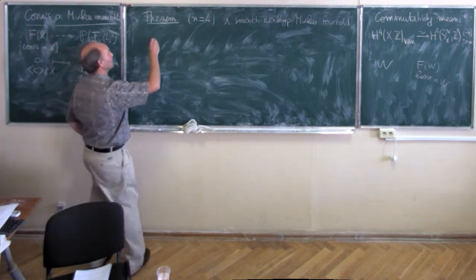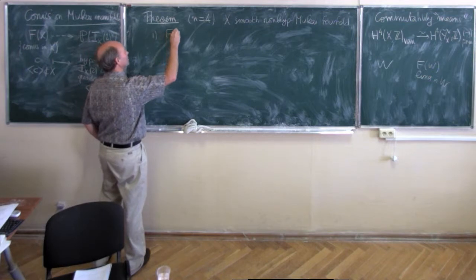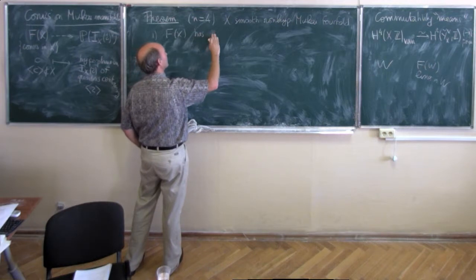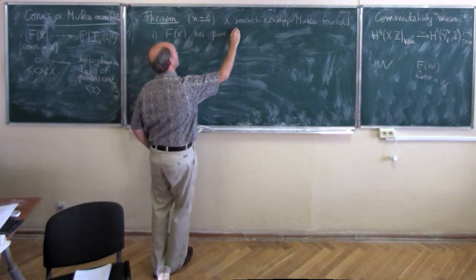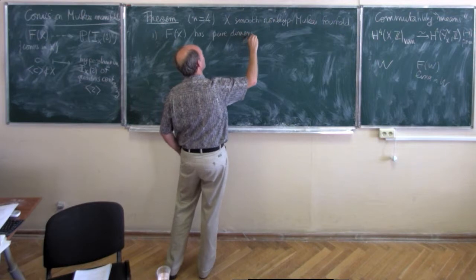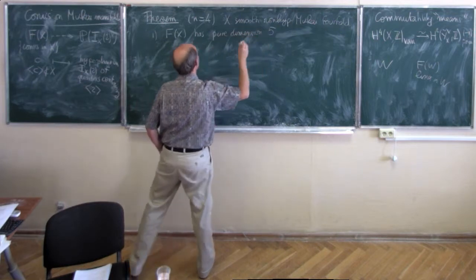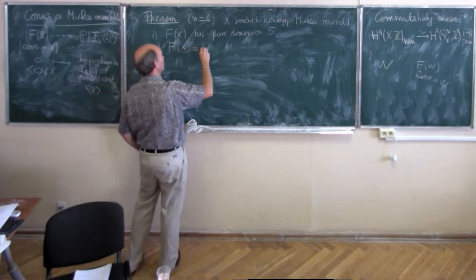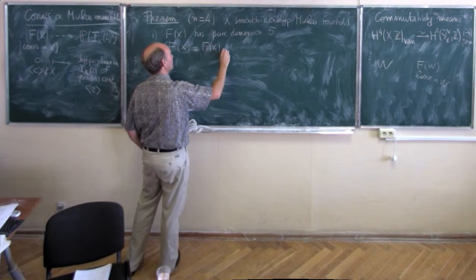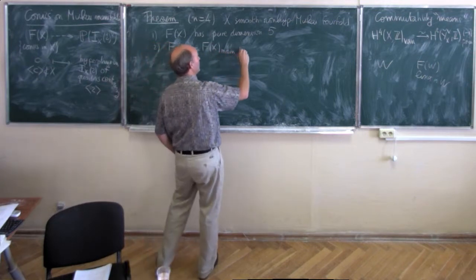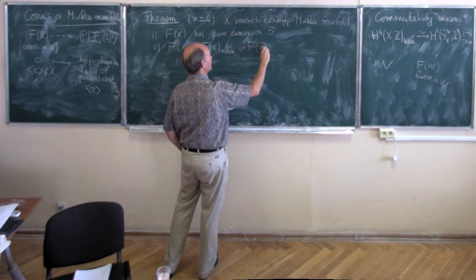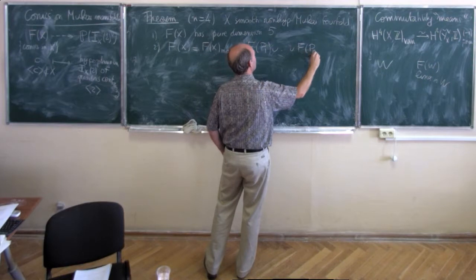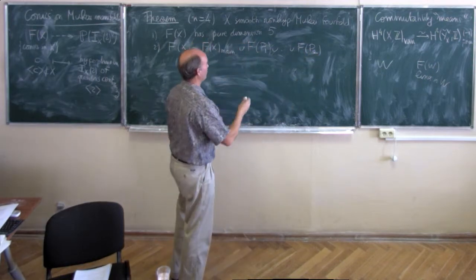Let me put it this way: F(X) always has pure dimension 5. Its irreducible components are, so there's one which I'll call the main component, and then the other components correspond to various planes contained in X.